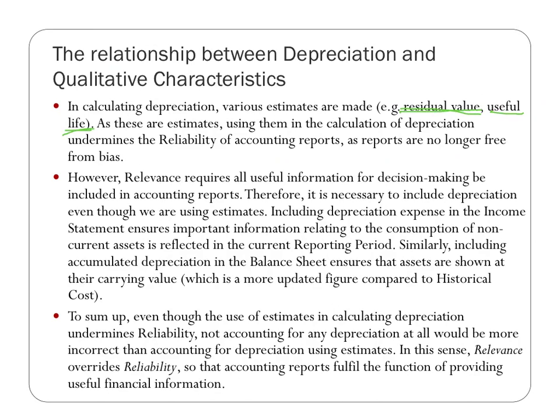As these are estimates, using them in the calculation of depreciation means that the depreciation expense figure is going to be an estimate as well. Using estimates in this calculation undermines the qualitative characteristic of reliability of accounting reports, because reliability emphasizes that accounting reports need to be free from bias.